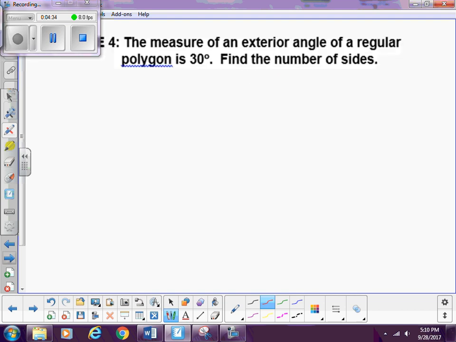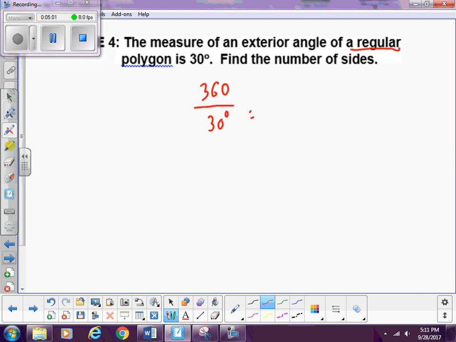Okay, next example. The measure of an exterior angle of a regular polygon is 30. Find the number of sides. Well, if one angle is 30 degrees and it's a regular polygon, all the angles are 30 degrees outside. So because the sum of outside is 360, all you do is divide 360 by 30 degrees, and you should get the number of sides.